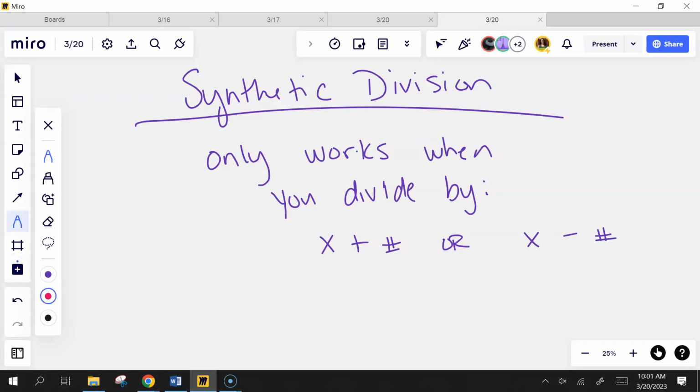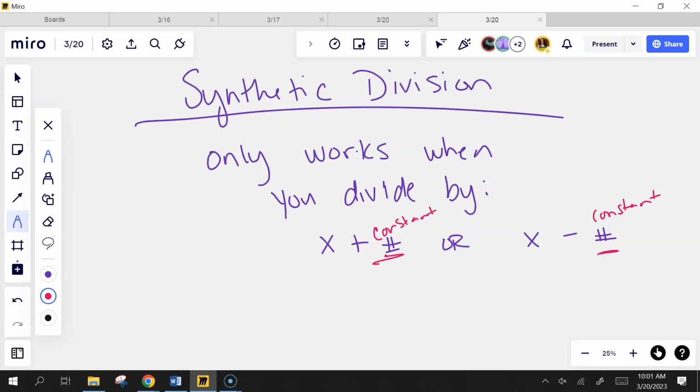Notice the x is just alone, just x, and then just a constant. Okay? It could be 57, yes, but this is just a constant. If there's a coefficient on x, it doesn't work. If it's 2x plus 3, it doesn't work. It's got to be x plus 3, x minus 3. Any of those work, but nothing on the x. Does that make sense? Okay.